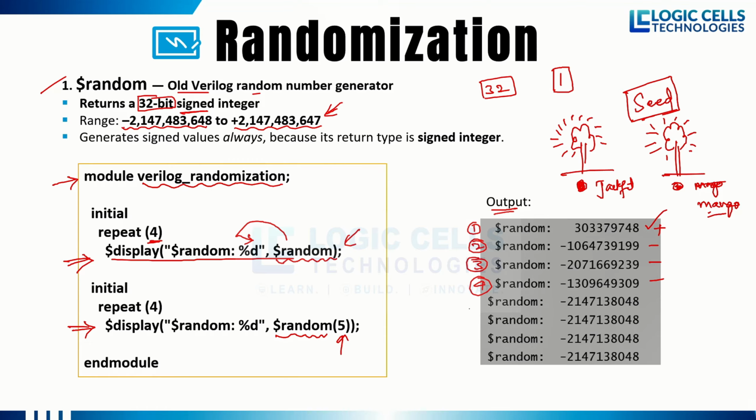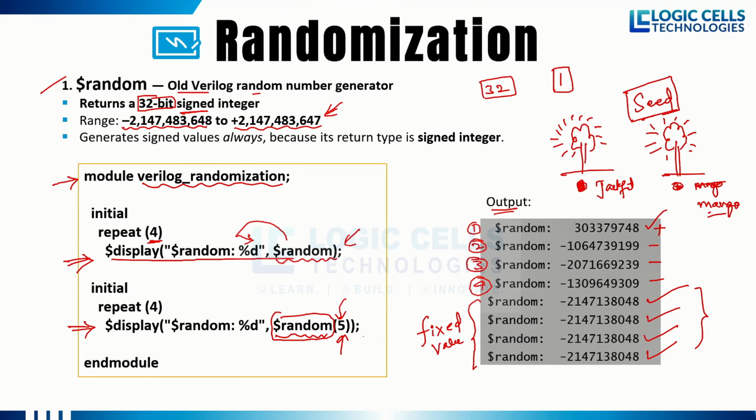Similarly, if you want to generate some fixed kind of values, then inside the system there is a seed associated with generating these values. For a random number generator, if you provide something like 5, it will generate the same values repeatedly.